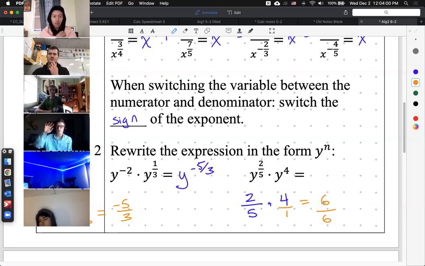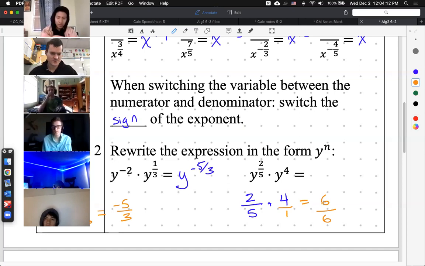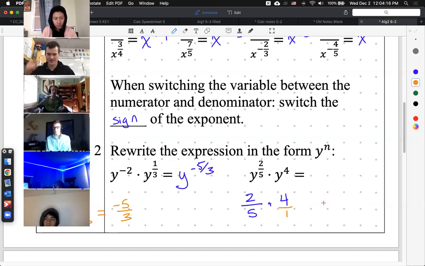We have Jose, Wyatt, and Charles raising their hands right now. Jose. The denominators aren't the same. Ah, yeah, the denominators are 5 and 1. So how could you make the denominators the same, Jade? Multiply 4 by 5?